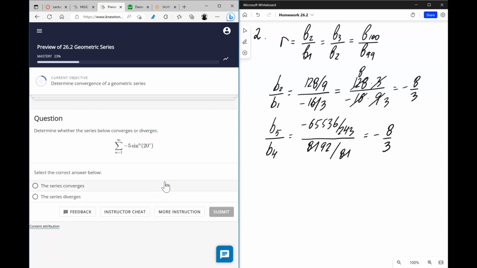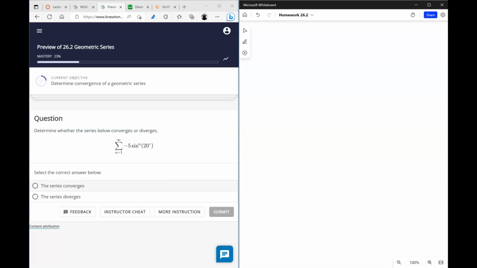Now, that's an interesting question. Sine of 20 degrees, that's just a number, so don't let that confuse you.